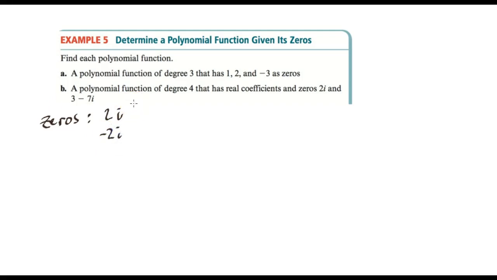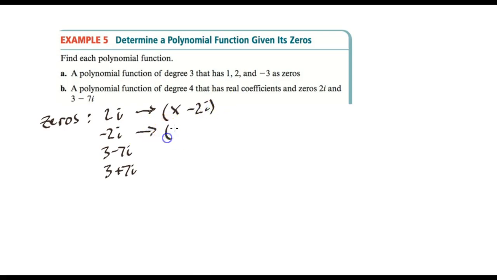It's conjugate. And so also, if we have 3 minus 7i, we'll have 3 plus 7i. Since we have degree 4, that will give us our 4 linear factors in the end, or 4 zeros.